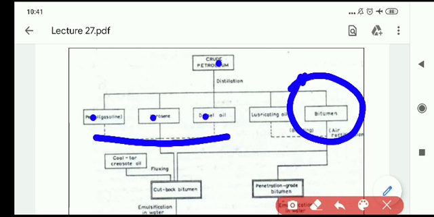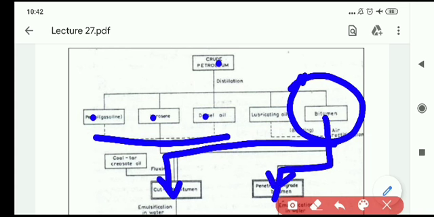This bitumen is treated with volatile solvents, then it becomes cutback bitumen. If you take that bitumen directly for construction work, that is called penetration grade bitumen. If you add any solvents, then that becomes cutback bitumen.